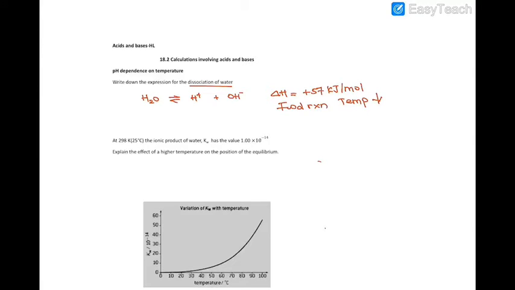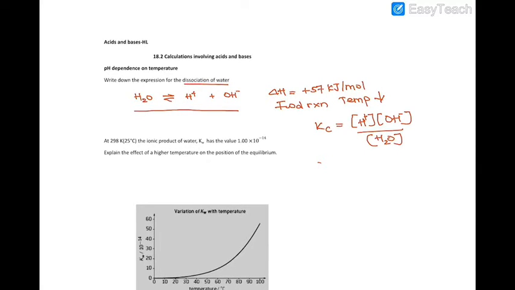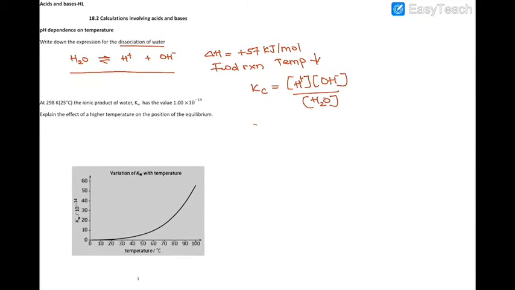Now from this expression, we can deduce the Kc for this equilibrium. So here you have the Kc expression. This is a revision of the SL content. Now, because concentration of H2O is going to stay constant, we can multiply it with Kc to have a new constant.